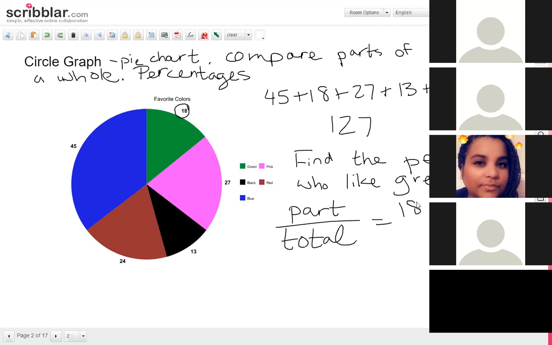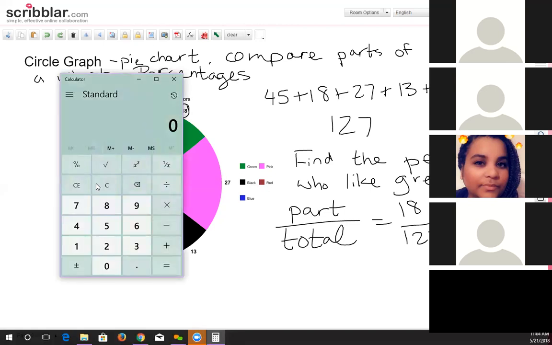So we have 18 over 127. Let me bring a calculator up. And we'll divide it out. So we can do 18 divided by 127 is 0.141, big long decimal.